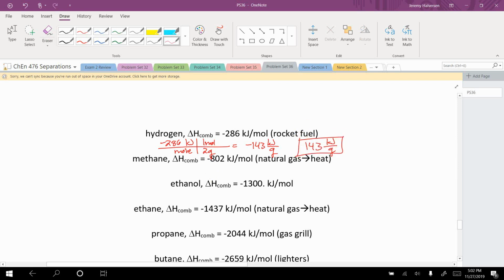Okay, so for each of these, really all we're doing is dividing by the molar mass. In this case, 802 kilojoules per mole, 1 mole is 16 grams, and that gives us the fuel value. Again, I'm going to write it as the positive value. That's how we write fuel values.